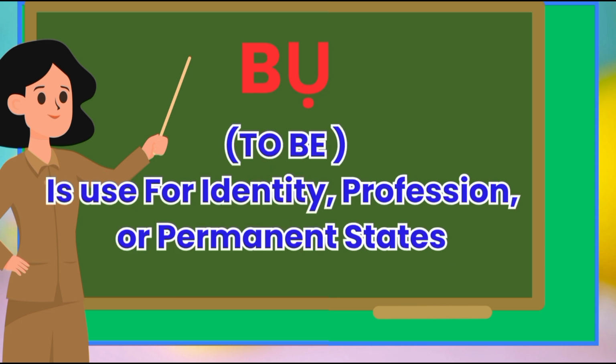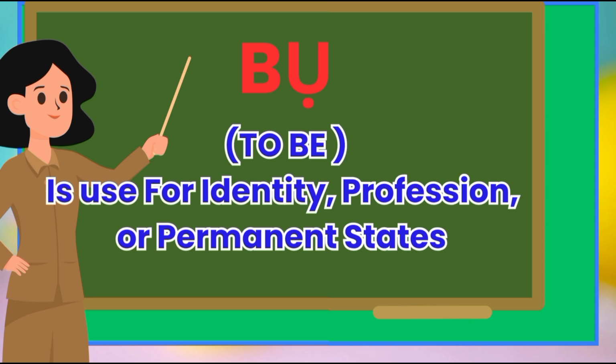Identity is who you are, your profession, your permanent state. Unlike D, that is used to describe a person or describe you or a location of an object. Bo is for identity.